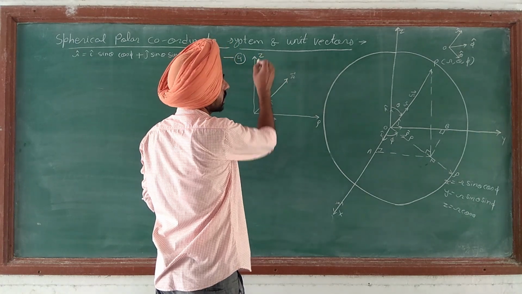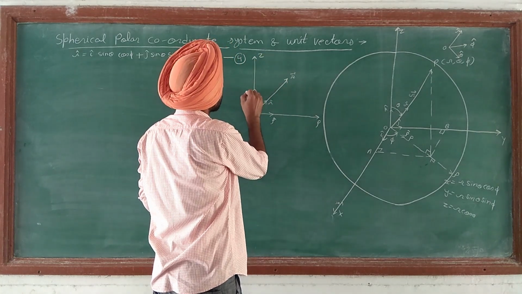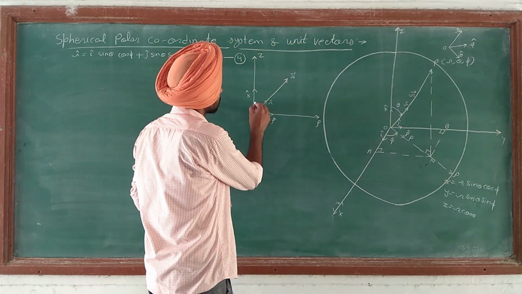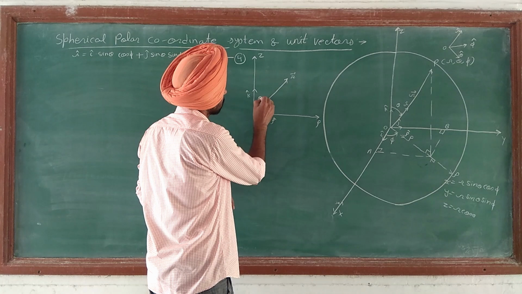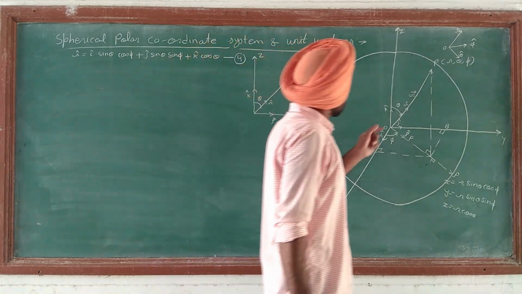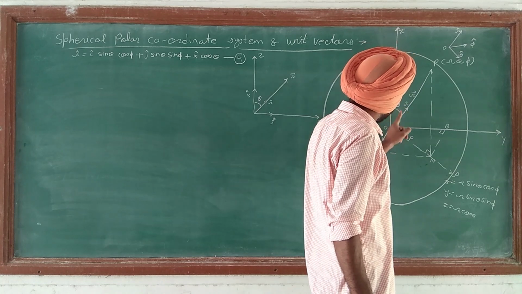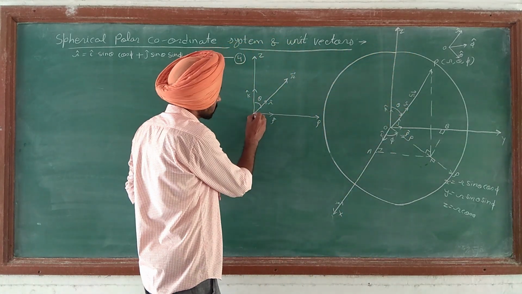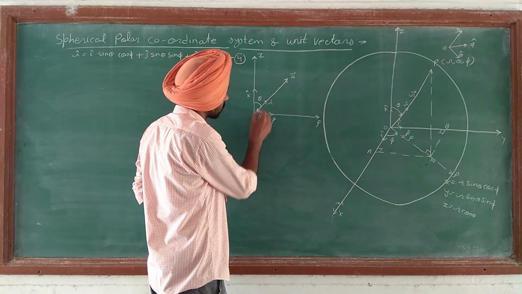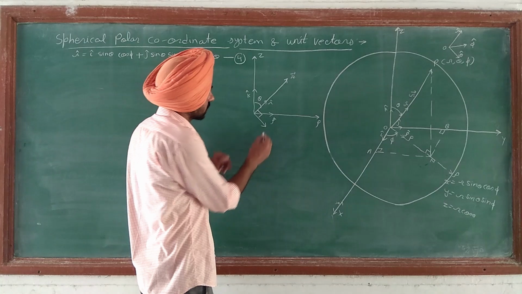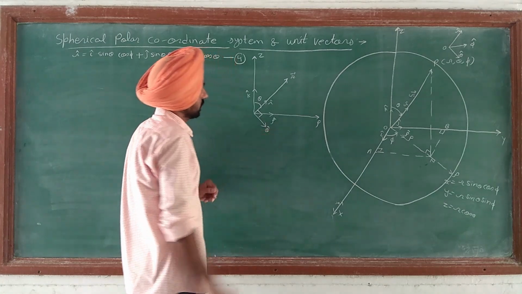This is the z unit vector k cap. The angle between k cap and r cap is theta. This unit vector theta cap is in the increasing direction of angle theta, so it will be somewhere here, but perpendicular to r cap. So the angle between r cap and theta cap is 90 degrees.